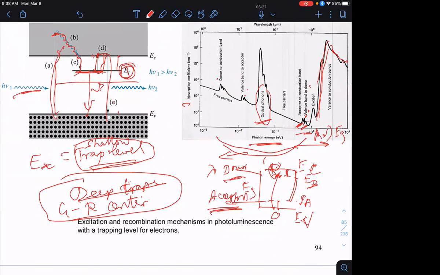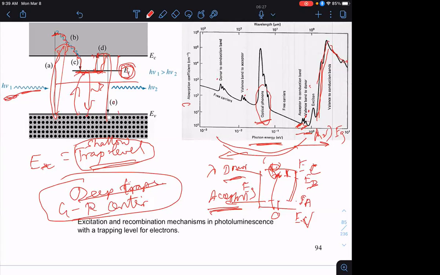So for direct band-to-band generation, I'd have to take a photon with an energy greater than or equal to the band gap so that I go directly from the valence to the conduction band. By contrast, if I had a trap level ET, I can make do with lower energy photons corresponding to the energy separation between the valence band and the trap level.